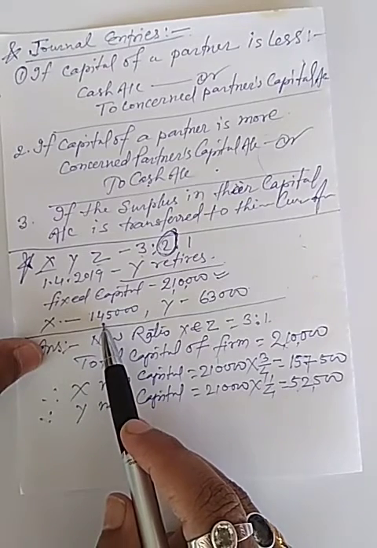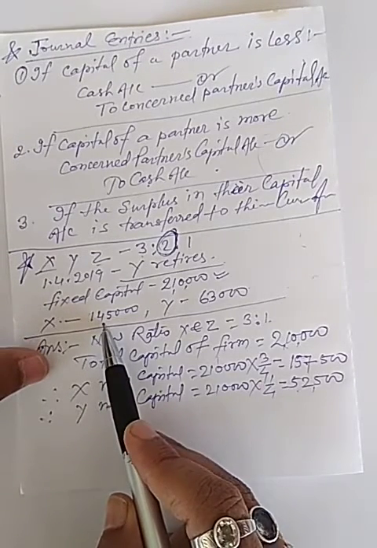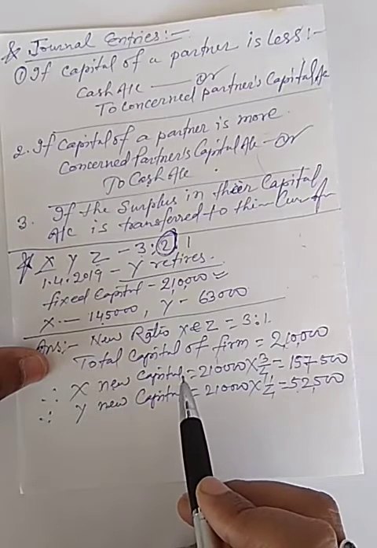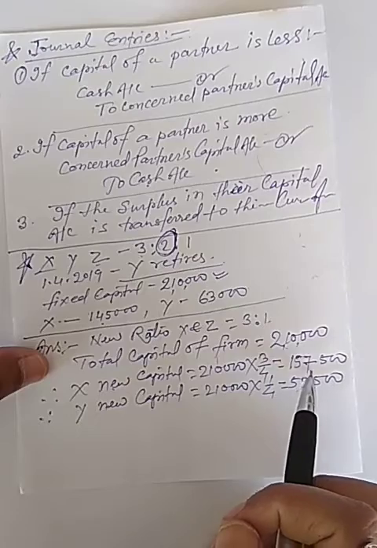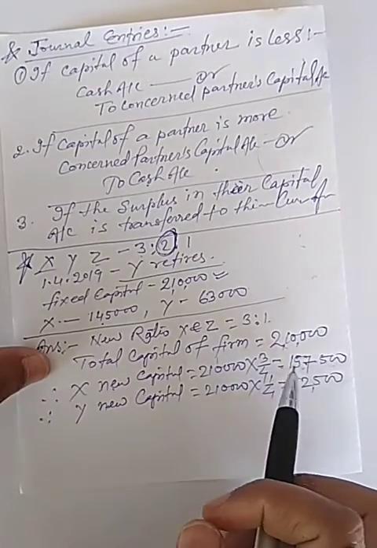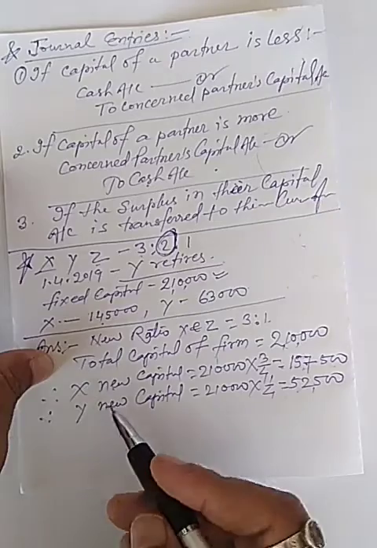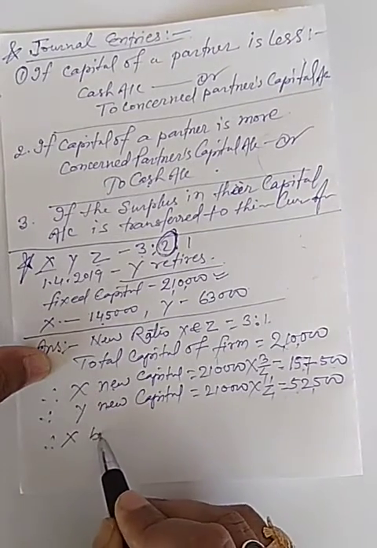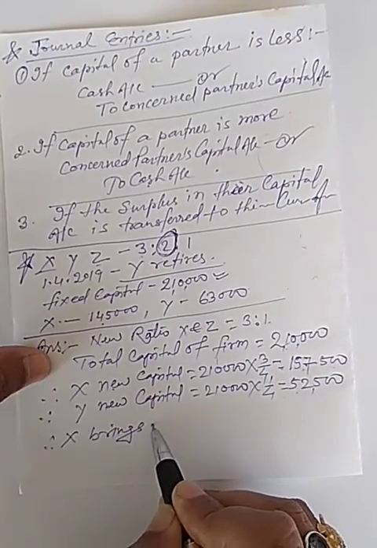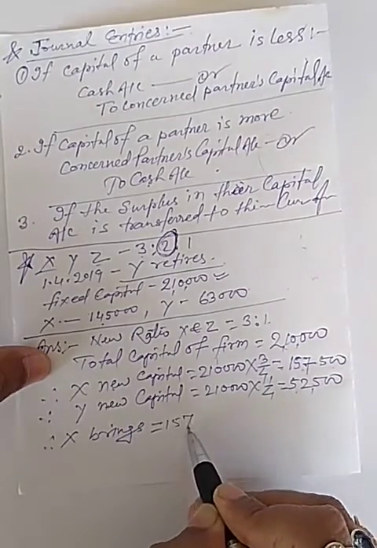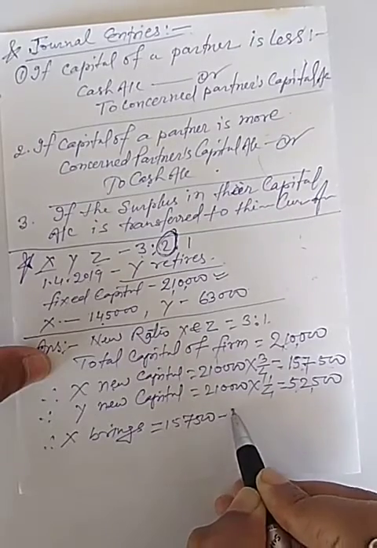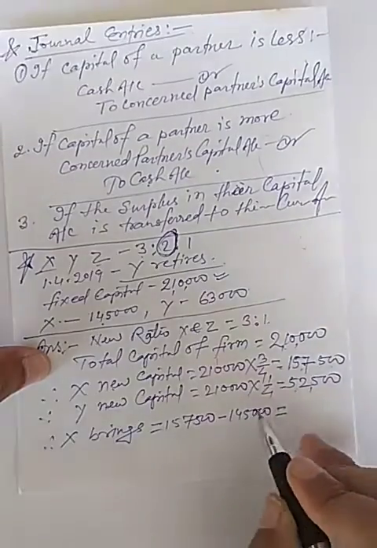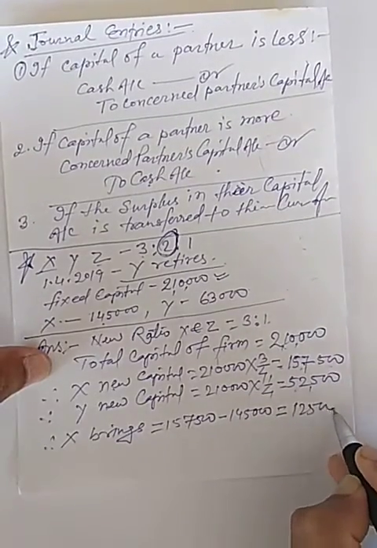Now we can see that X's capital is 1,45,000 and he has to keep 1,57,500. So X brings 1,57,500 minus 1,45,000, which is 12,500.